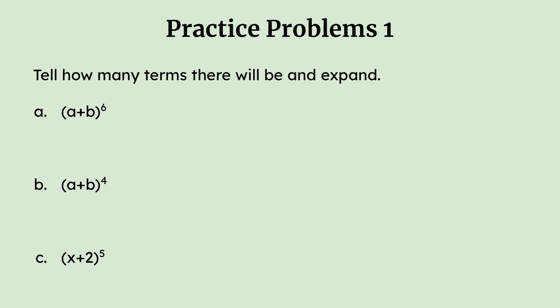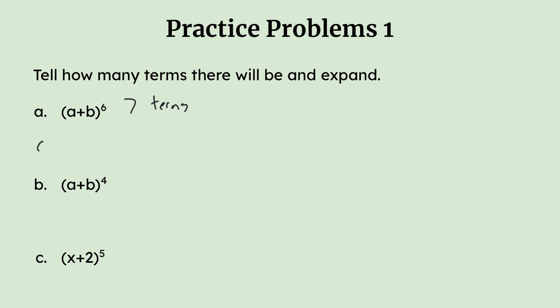All right, so go ahead and practice these. So you can pause the video, expand all of these out. So for the first one, we would expect to have 7 terms.